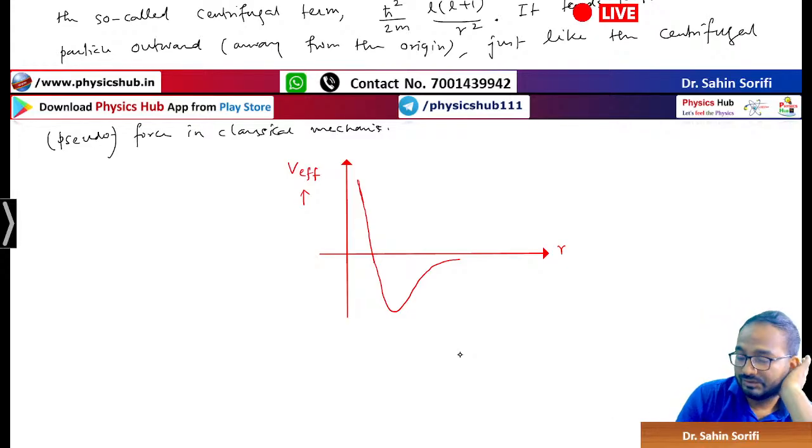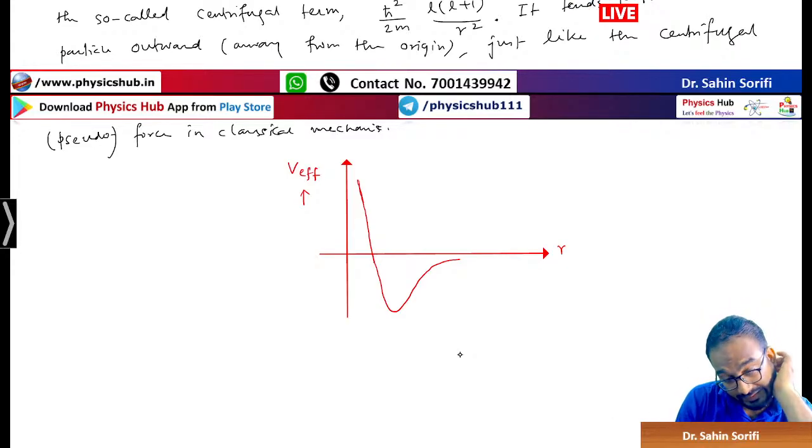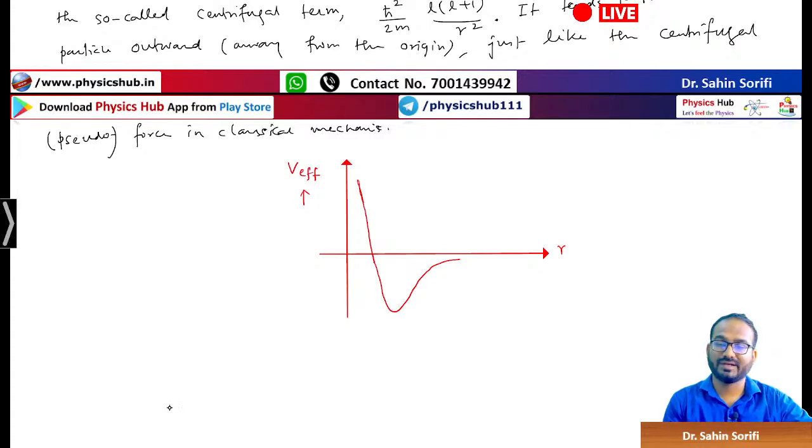Sometimes we need to know about the energy level of hydrogen atom. You already know, in atomic physics we have done it. What is the expression for the hydrogen atom energy? Sometimes it may be useful, so let's just write the formula.